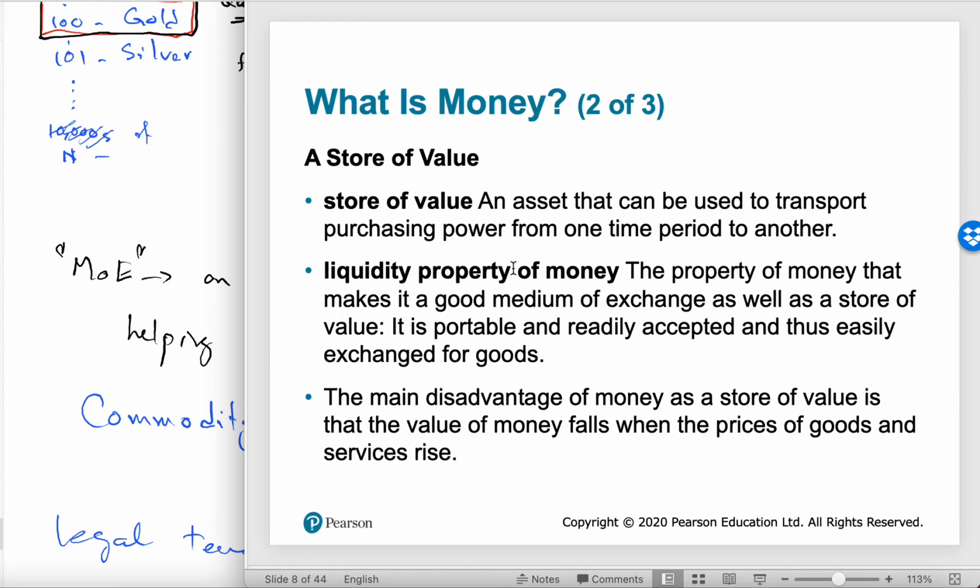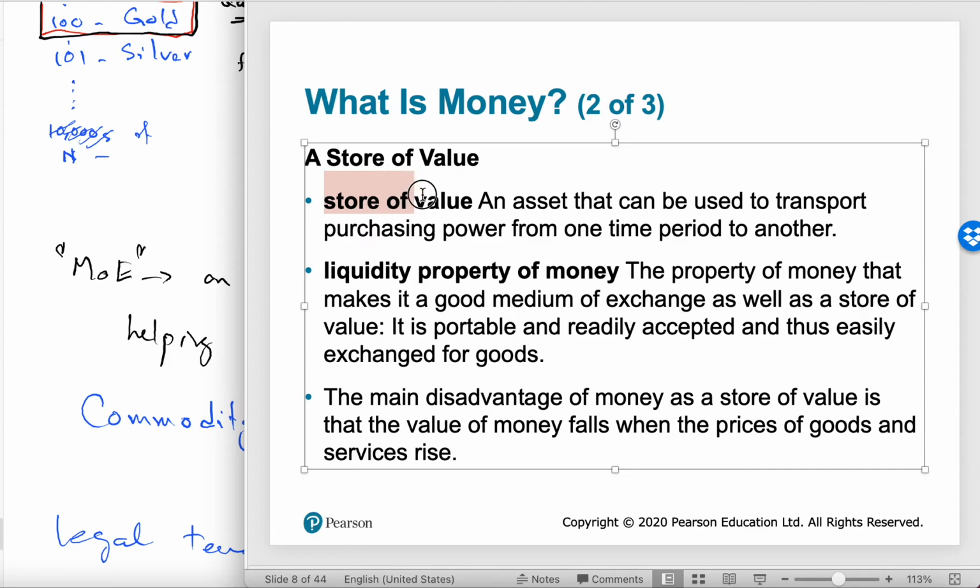So money has to have all 3 conditions. An asset that can be used to allow purchasing power to be held over time from one period to another period is called the store of value.